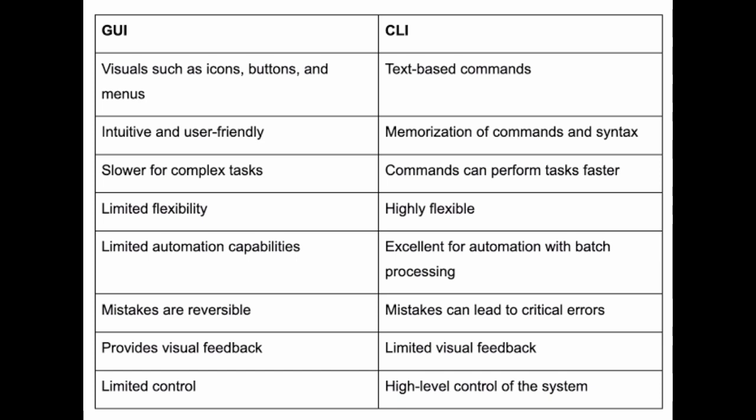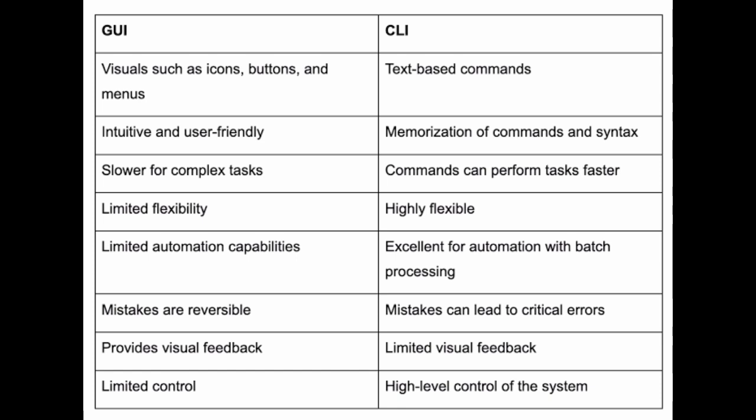CLI doesn't have an interface as flexible as GUI. In terms of customization, obviously GUI is very customizable. You can rearrange your icons, rearrange your font and all of that, but CLI appearance is not easily changeable. GUI normally handles type errors and corrects them. CLI doesn't really handle your type errors and correct them. You have to be smart at it and be able to understand it very well.